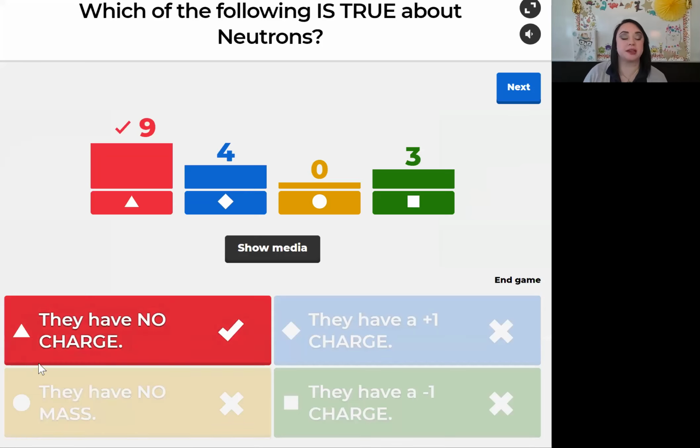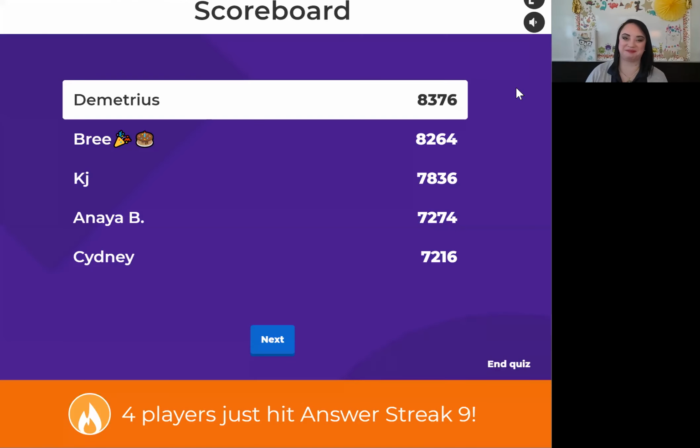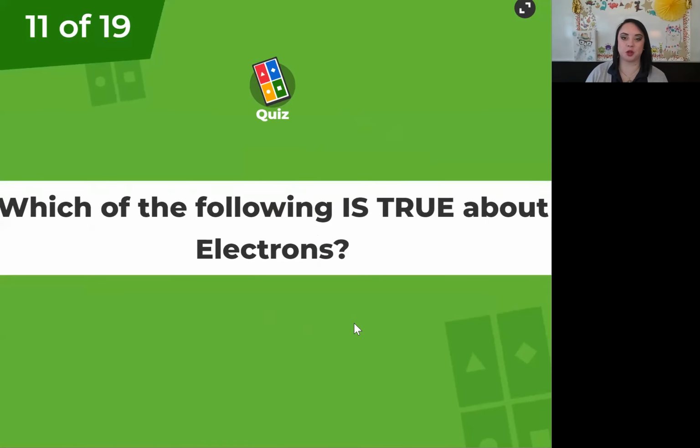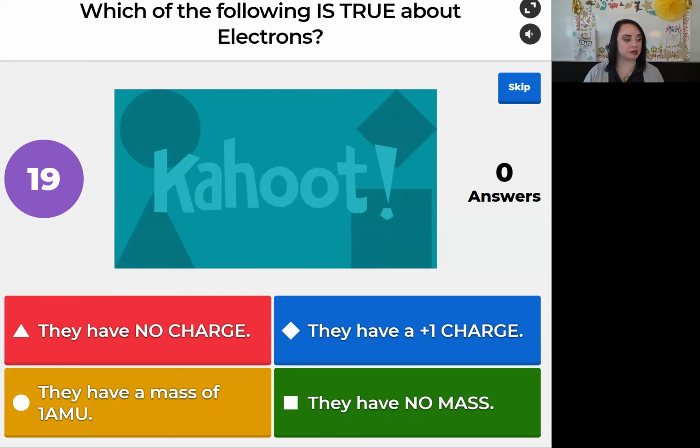Good. So neutrons are neutral, right? They have no charge, but they do have a mass of 1 atomic mass unit. Which of the following is true about electrons?